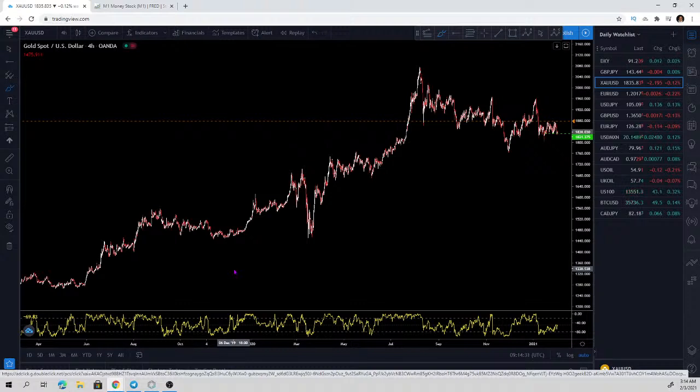When the risk is off, money comes out of those markets and goes to less risky markets like gold and like the Japanese yen. The reason why the Japanese yen is a safe haven is because Japan carries a positive trade balance. But that's a thing for another class, right?